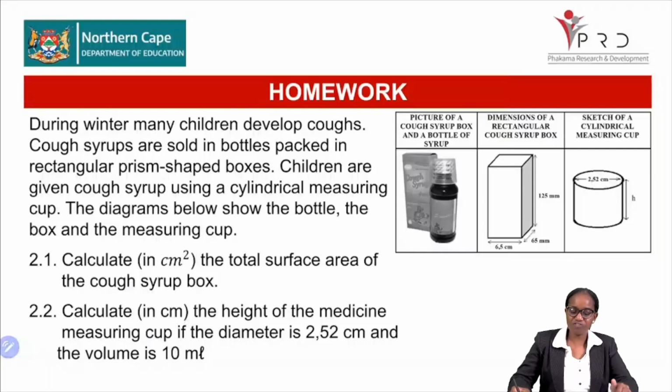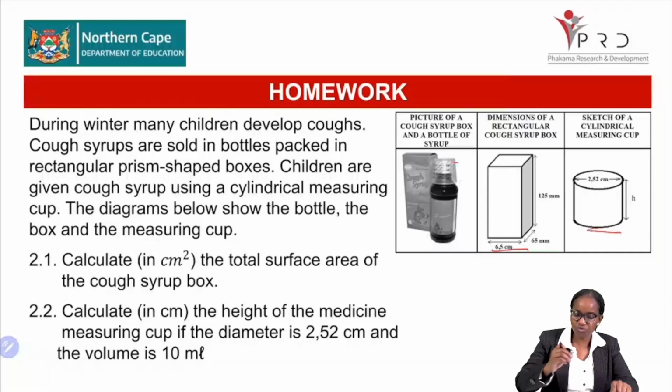Children are given cough syrup using a cylindrical measuring cup. The diagrams below show the bottle, the box, and the measuring cup. So we have the bottle, the box, which is used to package the bottle, and the measuring cup that is used to give the children medicine.